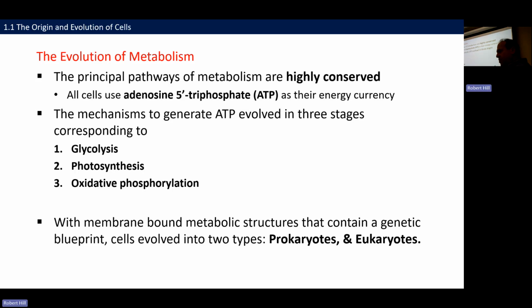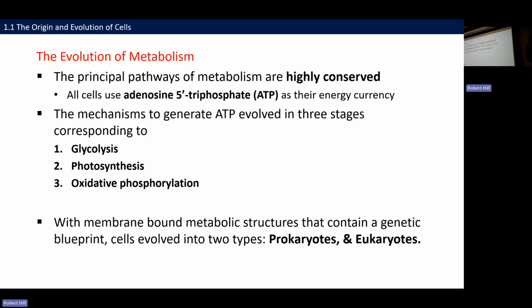In order to process energy, you have to have a lot of different molecules doing it. And the process by which energy is metabolized evolved in basically three different events over a period of time.